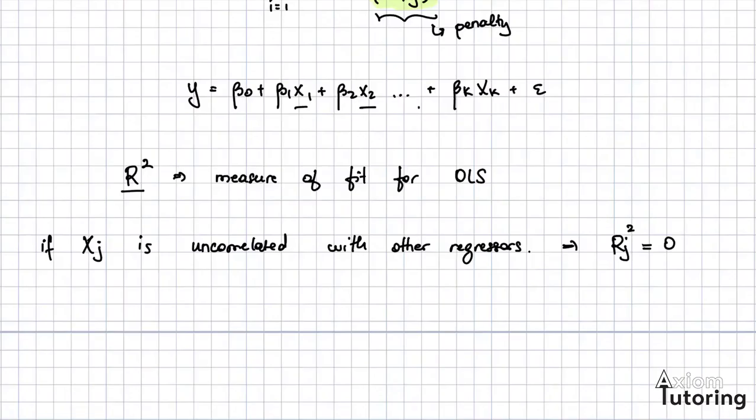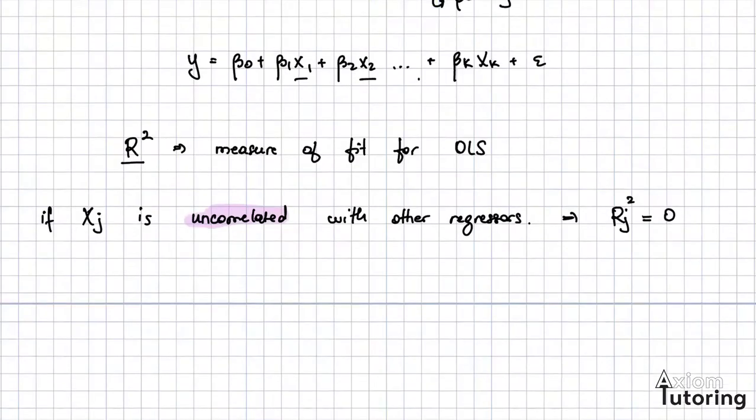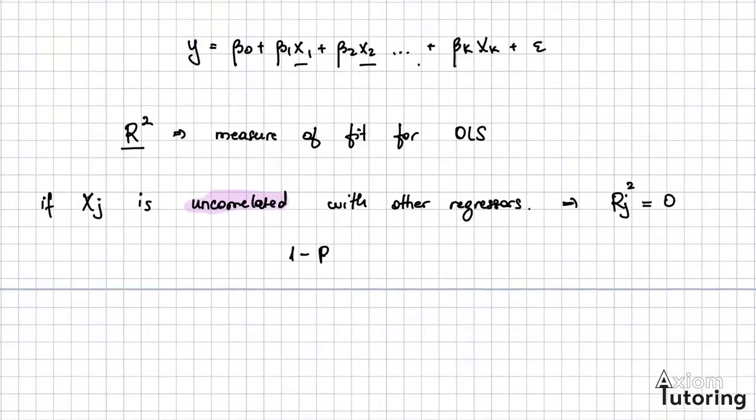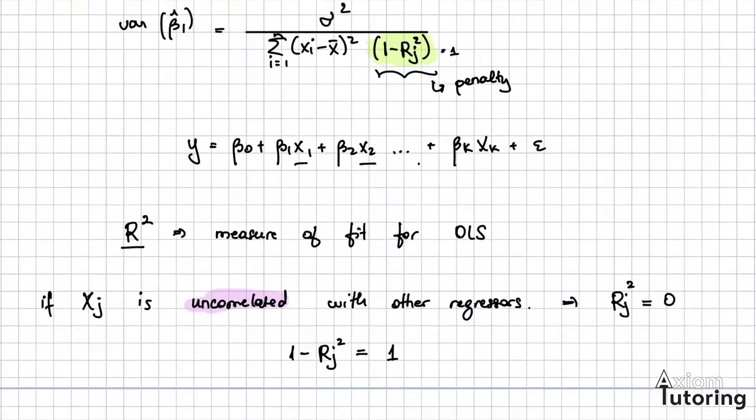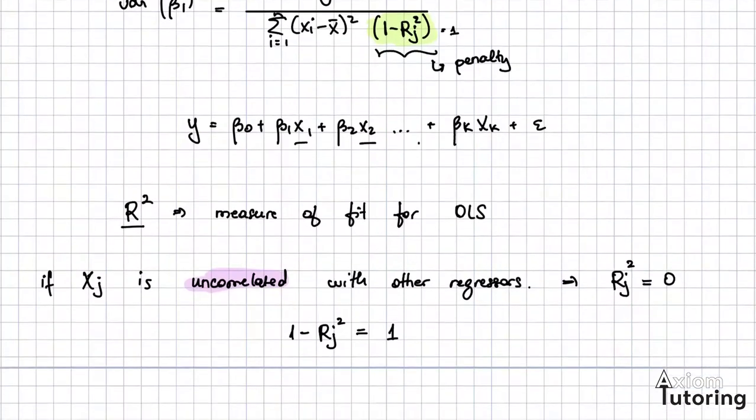If that is the case, meaning no correlation whatsoever between xj and all of the other x's, then 1 minus rj squared is only equal to 1. So this entire expression is going to be equal to 1. You are dividing by 1. So in a sense, you don't have a penalty per se when xj is uncorrelated to any of the other regressors.